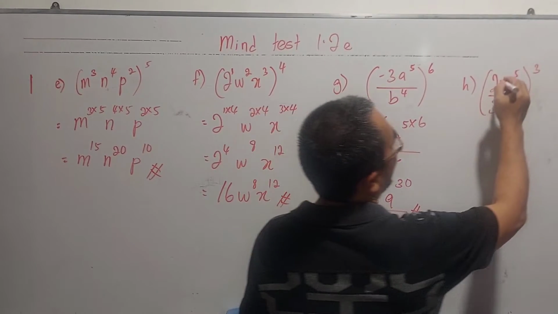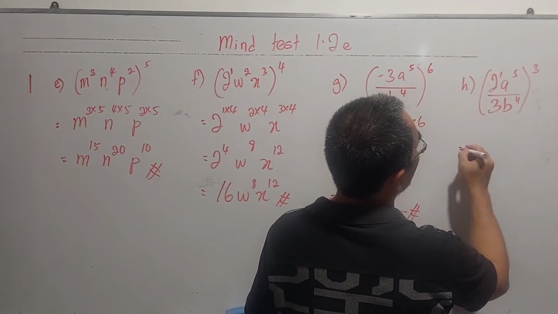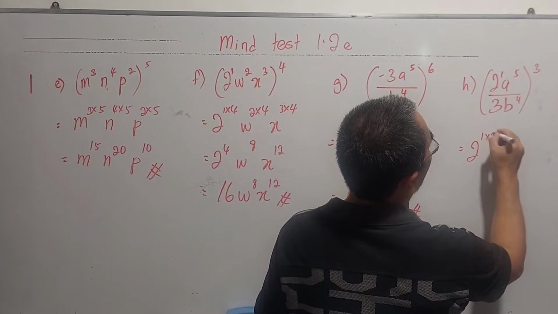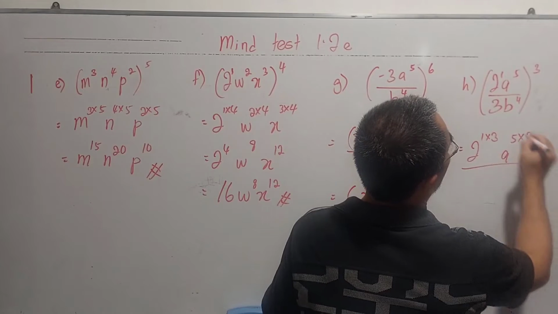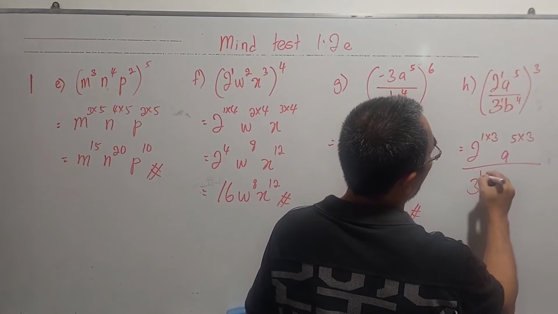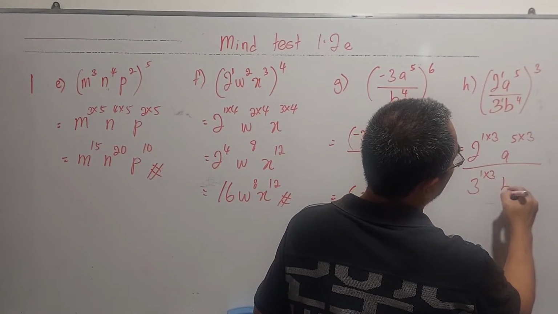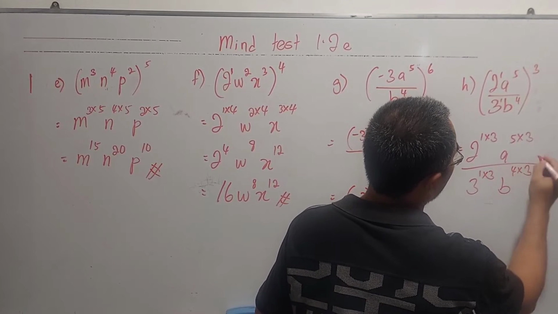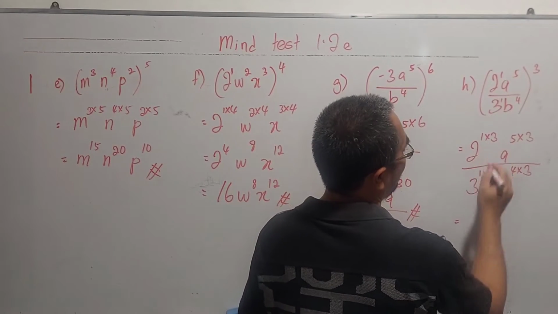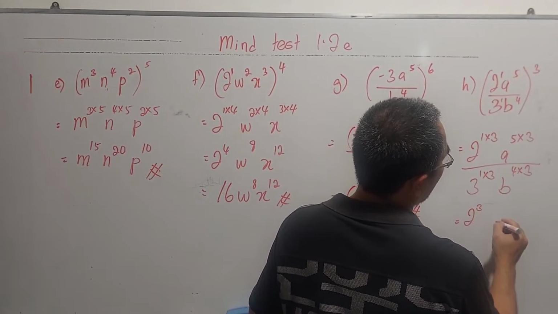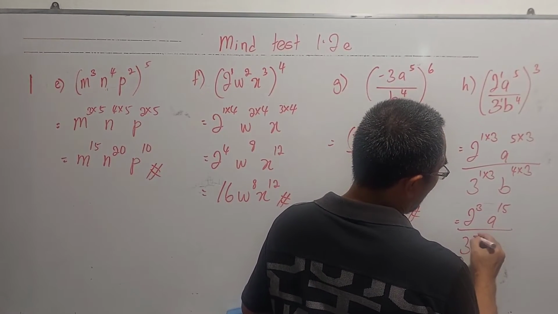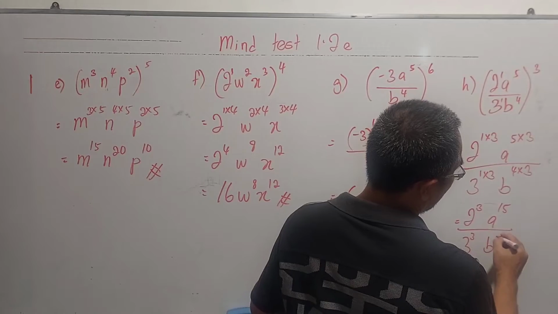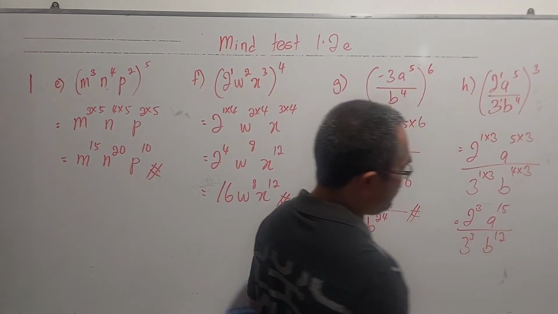And then again, 2 to the power of 1, so we have 2, 1 times 3, A 5 times 3, also 3, 1 times 3, B 4 times 3. So we have 2 to the power of 3, A to the power of 15 over 3 to the power of 3, B to the power of 12.